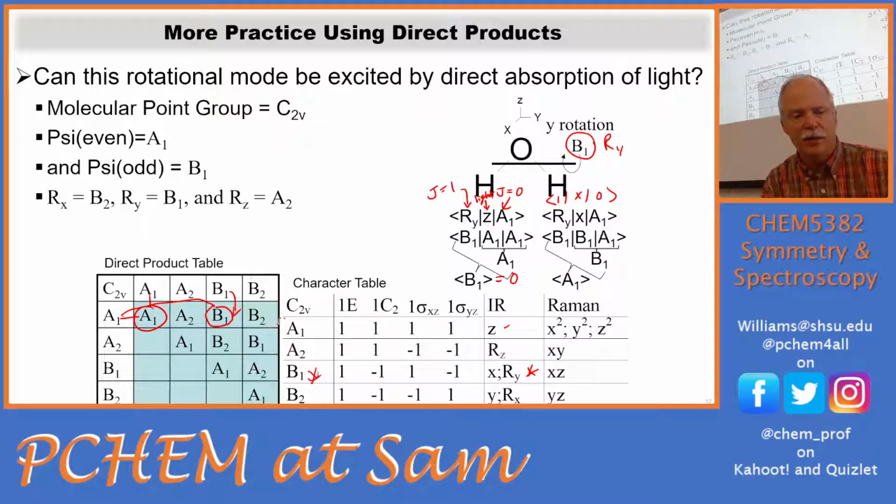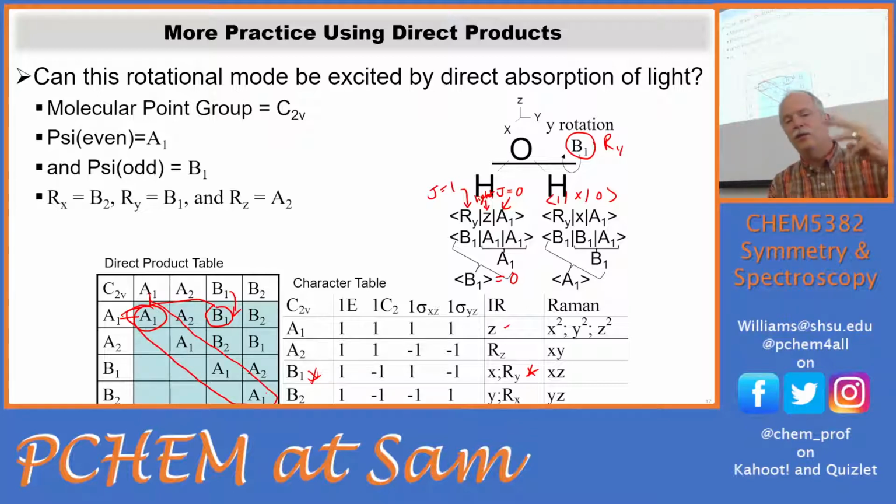Notice this diagonal here down this direct product table. Anything times itself will give A1. And later we'll see in threefold symmetry and higher, there may be other things in there with A1, but it's always going to contain A1. Anything times itself will contain A1.